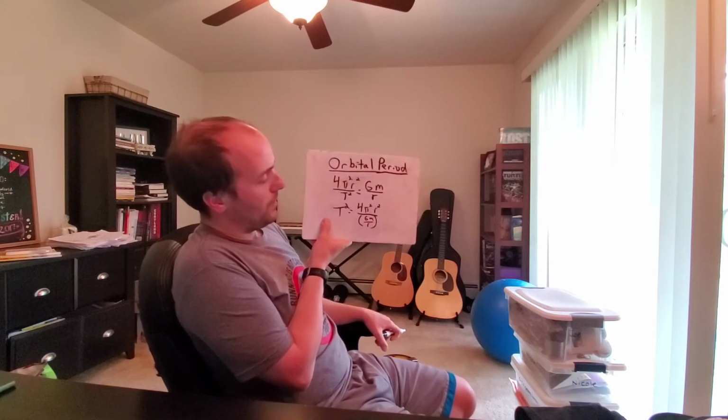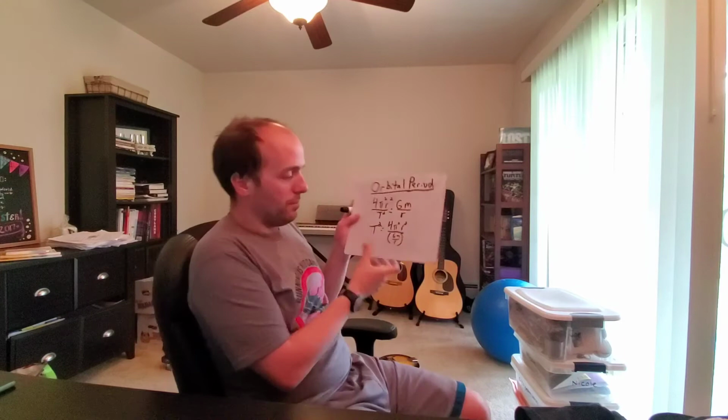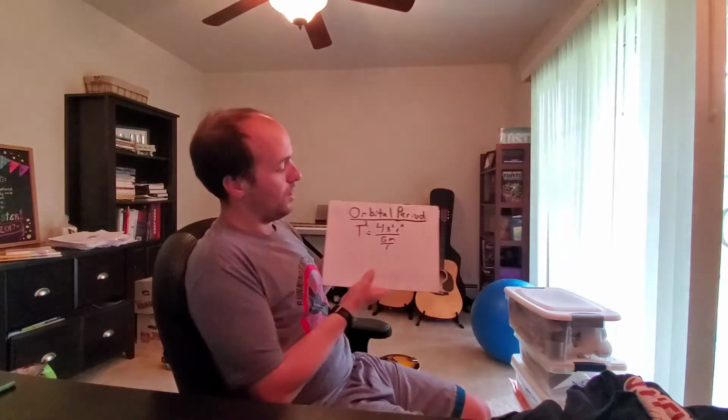A little complicated, a little messy looking, so let's simplify a little bit. Again, I'll erase just so I have a little bit more space. T squared equals 4 pi squared r squared over GM over r.